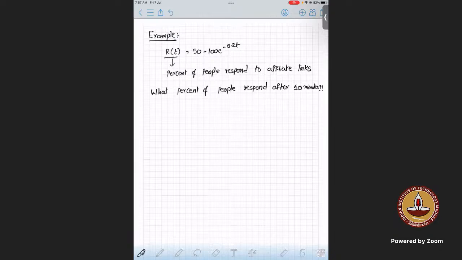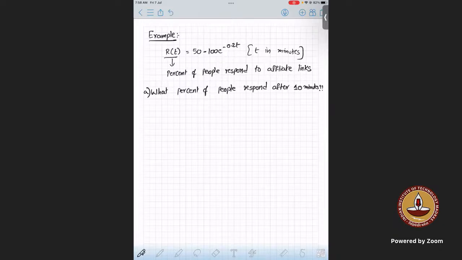Did you get the question? Yes, sir. Excuse me, sir. In questions like these, do we have to take the values in standard measurements like seconds, meters, etc.? Yeah, they will give t in minutes.